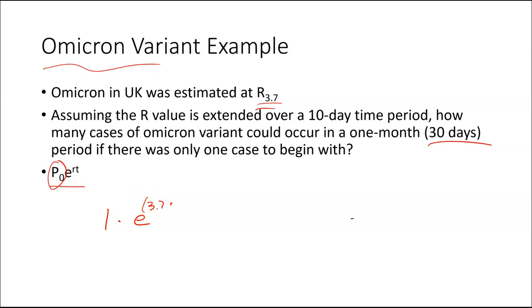And t is not going to be 30 days, because one person over about a 10-day time period will affect 3.7 people. They're not going to affect 3.7 people in just one day. So for t in this case, I'm going to go 30 over 10, or 3. So I go 1 times e to the 3.7 times 30 over 10.